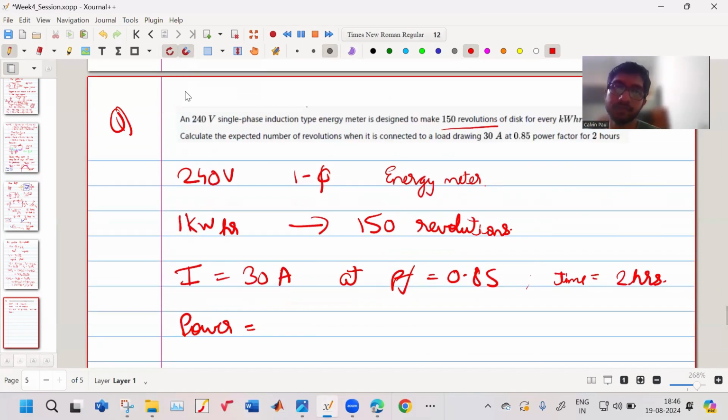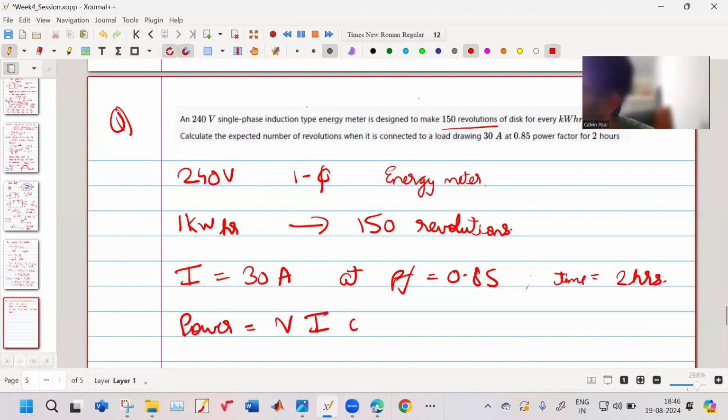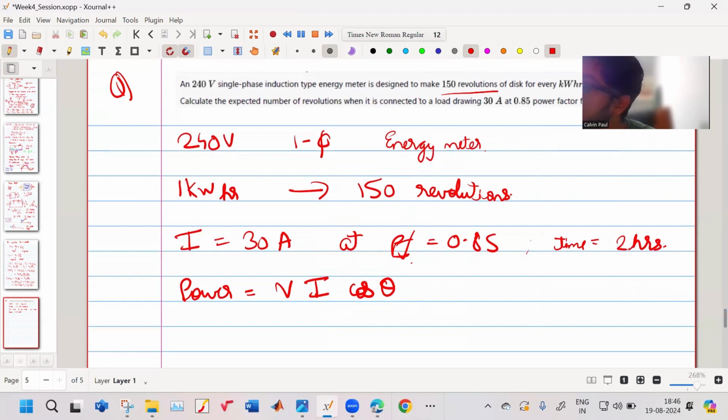Power is VI cos theta, where cos theta is your power factor. So V is 240, current is 30, and the power factor is 0.85. How much is this power? Can you calculate and tell me?